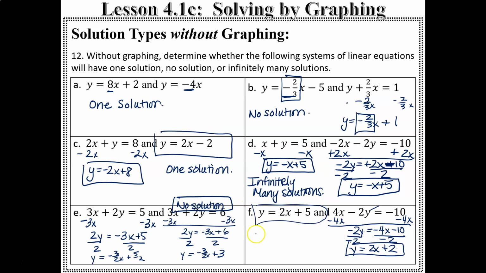Same slope, same y-intercept. So this is infinitely many solutions. Infinite. No matter what you plugged in there, it would work for both of them.